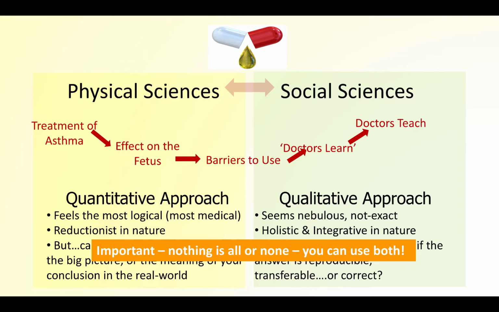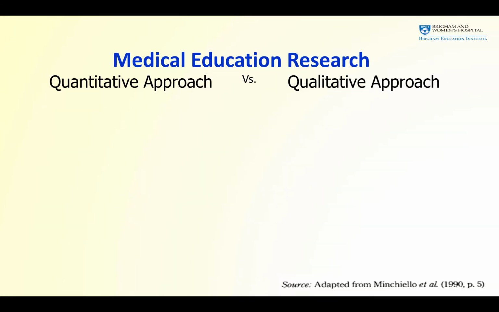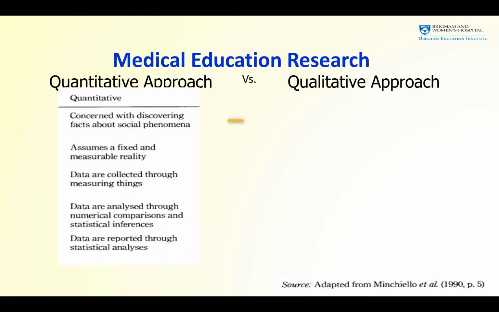So as we think about medical education research, the quantitative approach is one that is more concerned about discovering facts, and less concerned about social phenomenon. It assumes a fixed and measured reality. Data are collected through measuring things, and usually it's dealing with numerical comparisons, or the data are reported through statistical analyses.